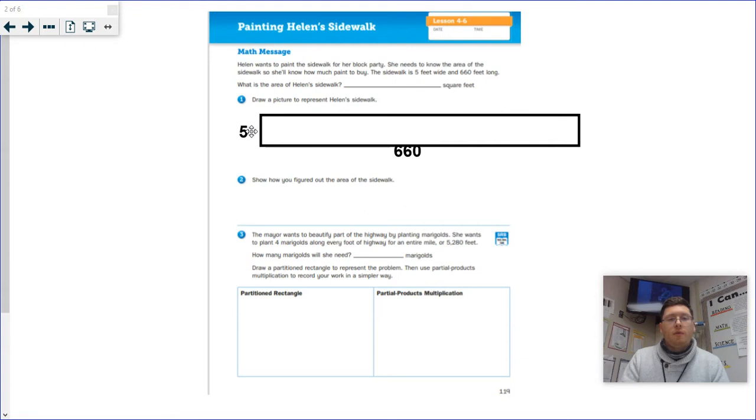Select go. So it's a 5 by 660 feet sidewalk. All right. Now, I've drawn my picture. I've labeled my width and my length. But they still want me to figure out what it is.